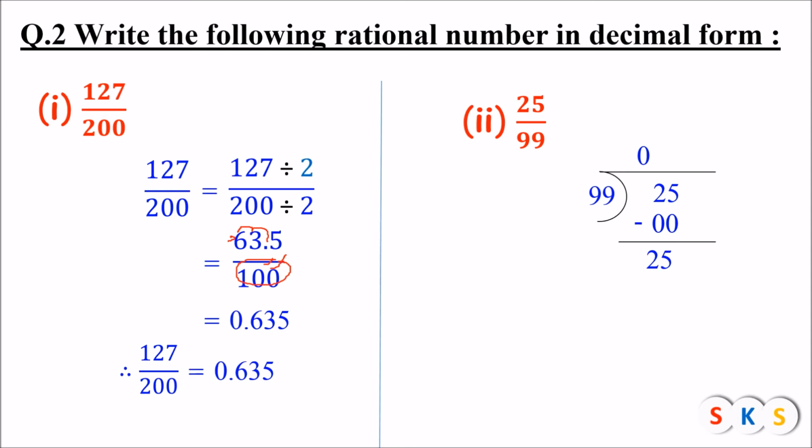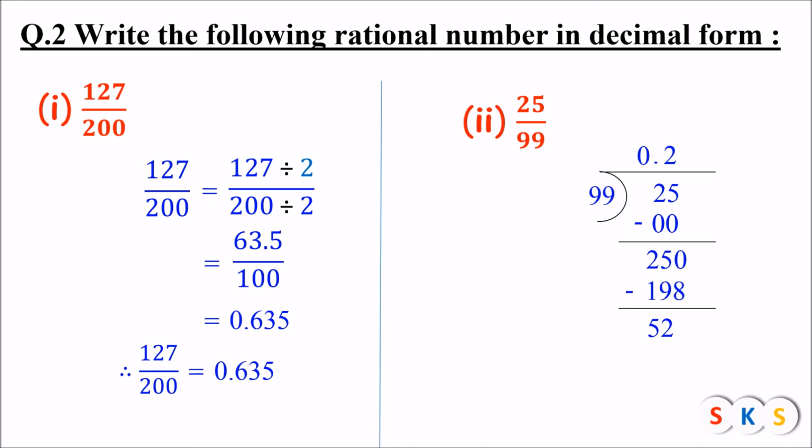You can see here there is no digit to bring down, right? Yes or no? So what we will do, we will put a decimal in the quotient. Okay, so we can take 1 0 beside 25, it's 250. Now 99 twos is 198, and 250 minus 198 is 52.